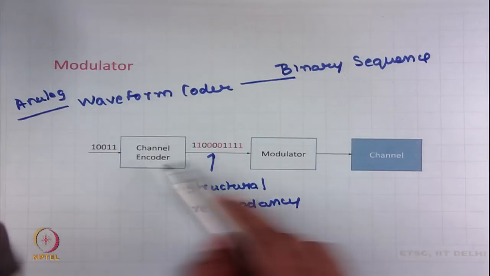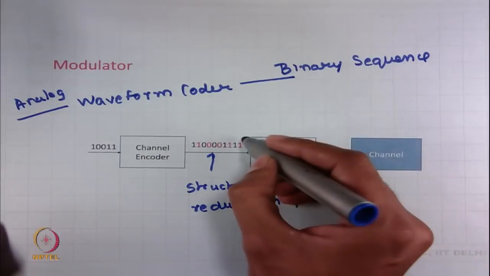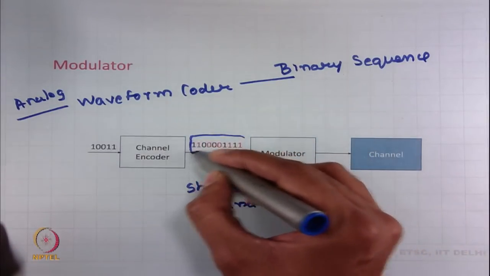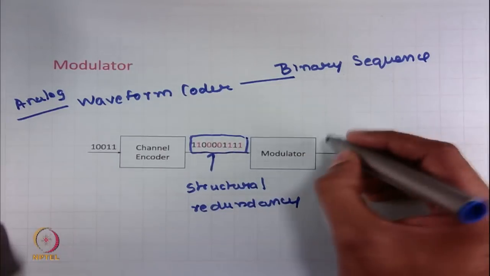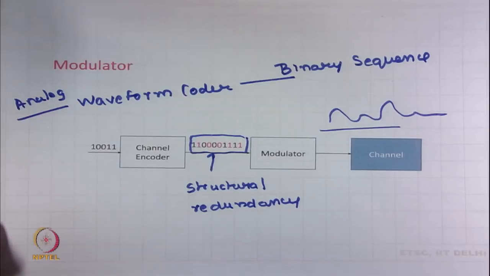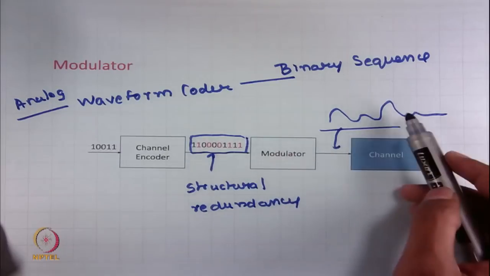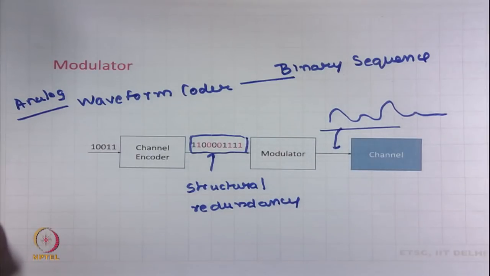After the channel encoder we have the modulator, which takes in this binary sequence and converts it to analog waveforms. These analog waveforms then go through the channel. So, the basic purpose of the modulator is to convert the binary sequence into analog waveforms, which can travel over the channel efficiently.